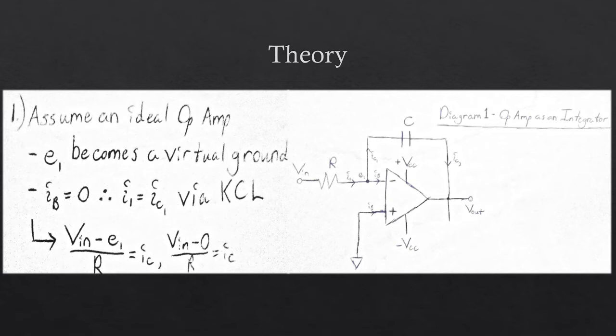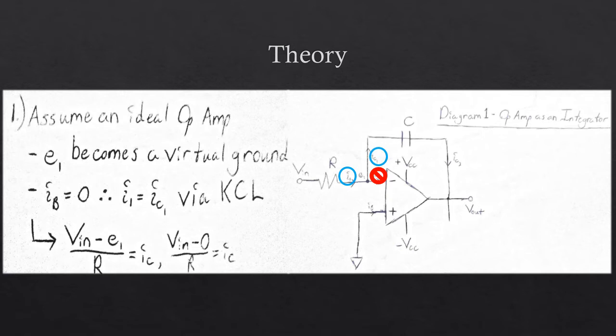First, let's assume that we're dealing with an ideal Op Amp. This means that node 1 becomes a virtual ground. Node 1 is represented by E1 on the diagram. This means that the current going into the Op Amp becomes 0, making the current coming from the input equal to the current going into the capacitor.